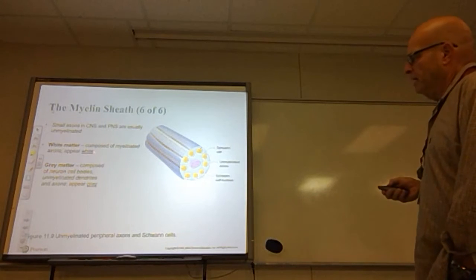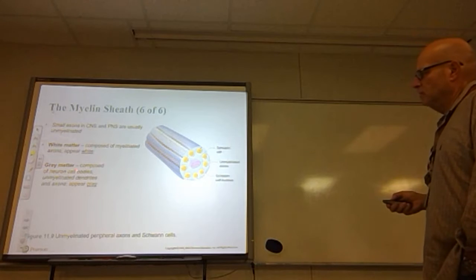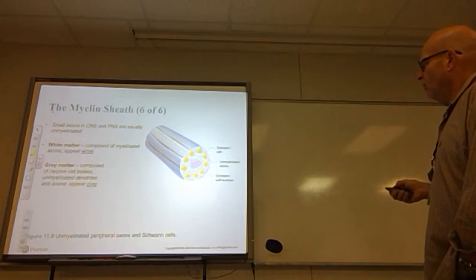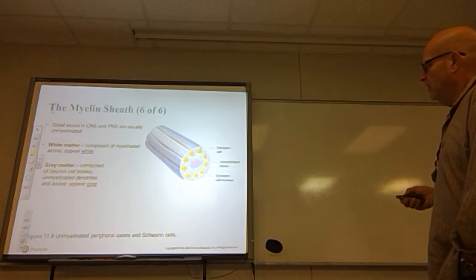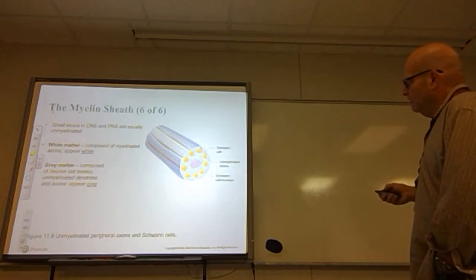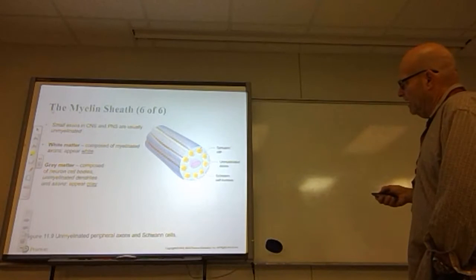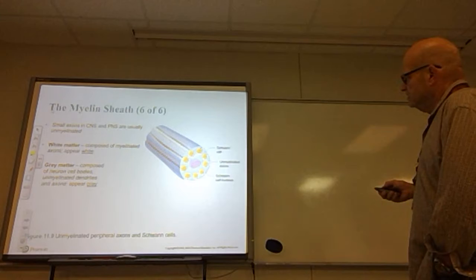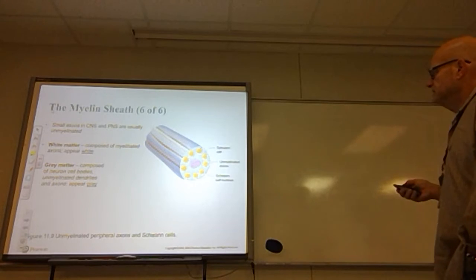When you talk about the brain, in a couple of chapters, we will talk about the white matter of the brain versus the gray matter. But you have white matter and gray matter in all nervous tissue. Here, the yellow represents the unmyelinated axons, where the rest, here's the Schwann cell and the unmyelinated axon.